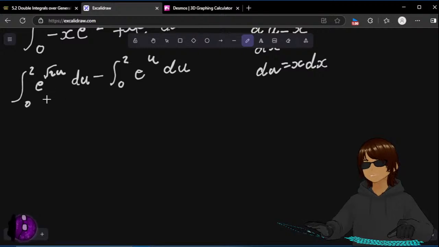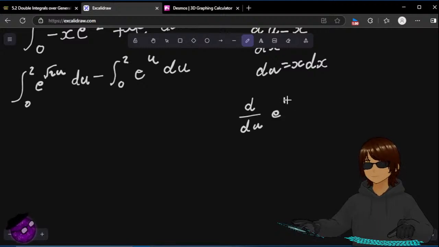Okay, I need to find the integration of this. So derivate this with respect to root to u. We get this.